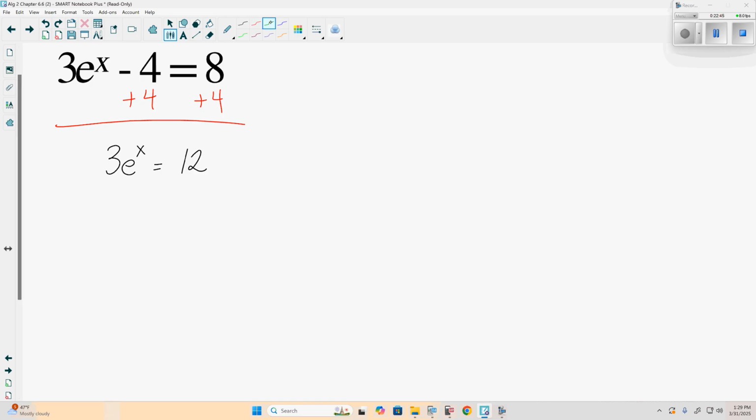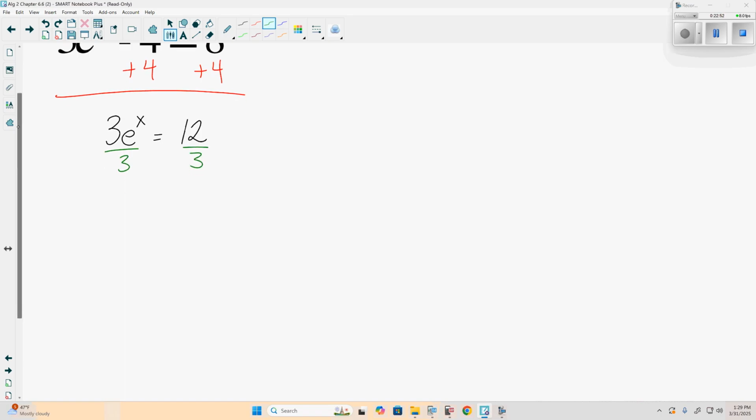Then what can we do next? We can, but I would divide by 3 first, giving us e to the x is equal to 4. Because we could have the natural log of 3e to the x, but we'd have to split those two apart before we can do anything else.